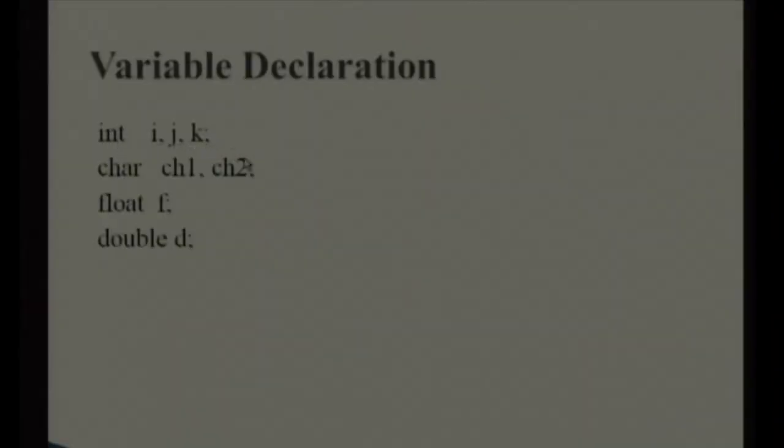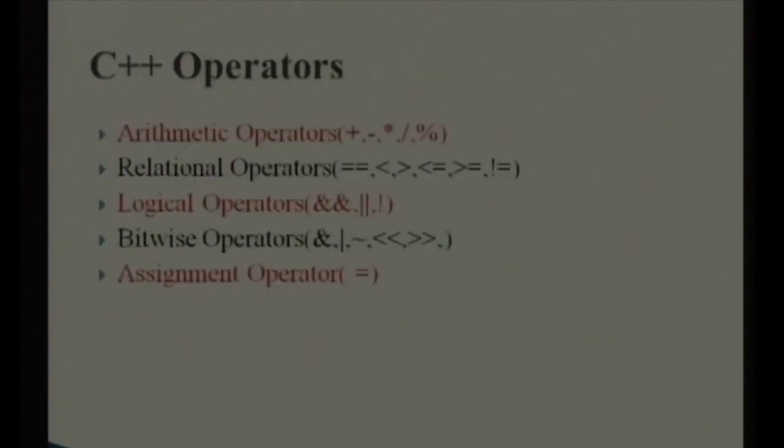How many integer variables are there? 3, very good. Character variables 2, and similarly one float variable and one double variable are declared. So, this is the declaration, and why do we declare these variables? Because we need these variables when we solve our problem. So, we declare those variables and then use them for solving the specific problem.